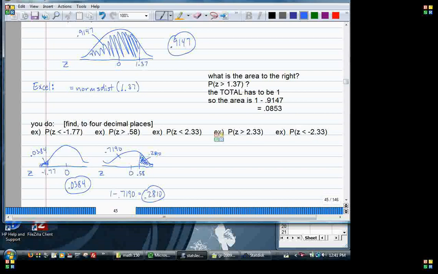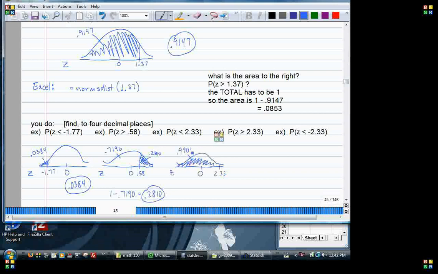Now what about the last 3? Make your picture. For Z, label 0 in the middle, and then label 2.33. And we want less than, so it's all this area. So you punch that into Excel, and what do you get? 0.9901.